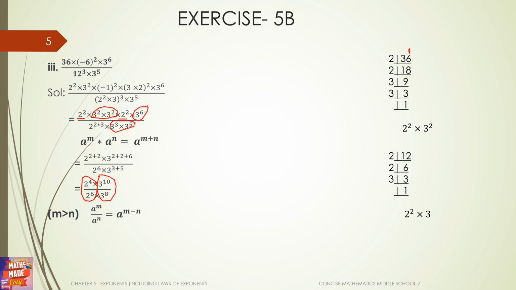Since n is greater in this one, and in base 3 m is greater, you are going to apply the two formulas. Both formulas are applied at one place, so it becomes 3 to the power of 10 minus 8 by 2 to the power of 6 minus 4. Hence 3 to the power of 2 by 2 to the power of 2. Since the power is same, I am just placing a common power for this, 3 by 2.